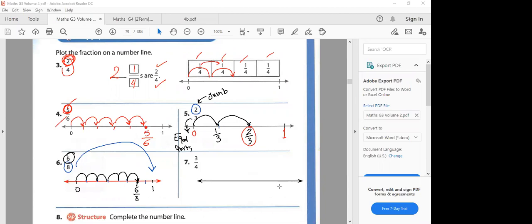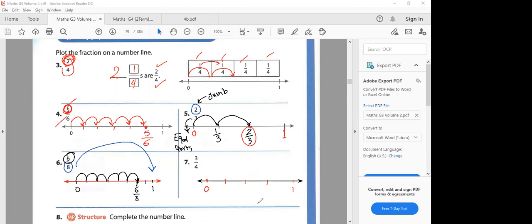Farouk, here we have the number line like this, and we need to divide it into how many equal parts? 4. 4, excellent. We're going to start with 0, as we said, and end with 1. Divide the number line into 4 equal parts, as you said. 1, 2, 3, 4.